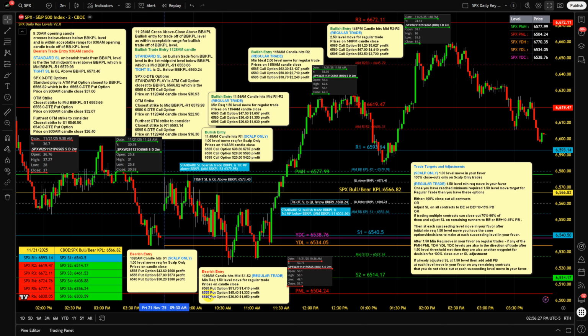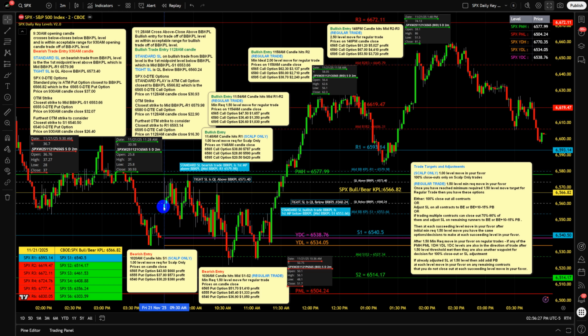Okay, so on the opening candle here, we have the 9:30 a.m. opening candle, which is this candle here on the 2-minute chart. As you can see, the candle opened below the bull bear KPL level. But we have this large wick in which, intra-candle, price traveled above the bull bear KPL.